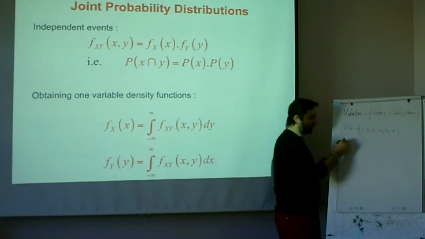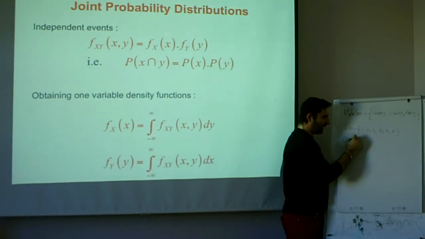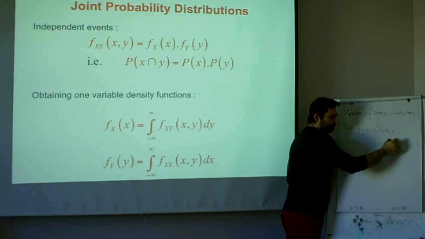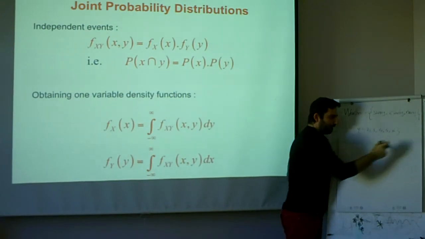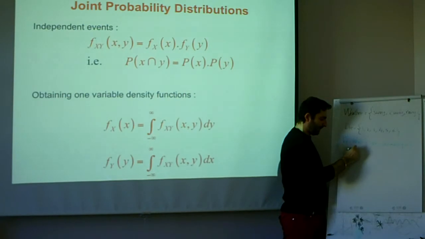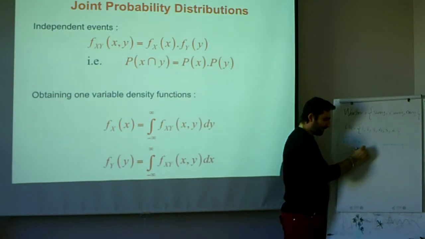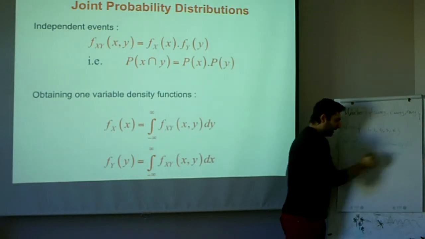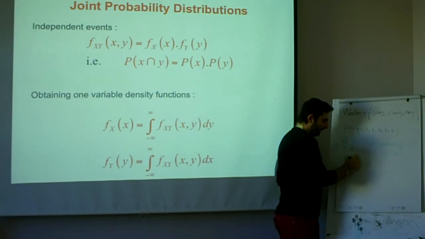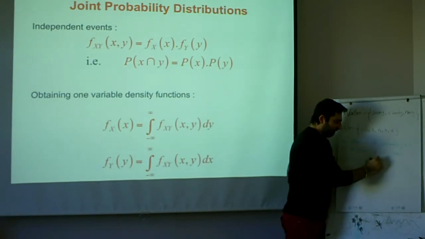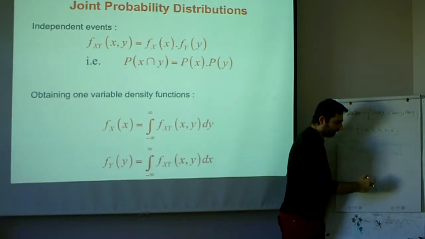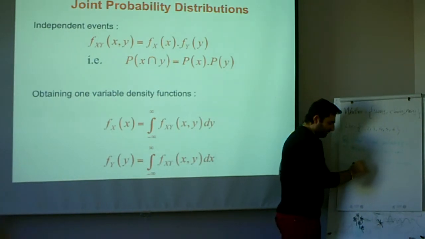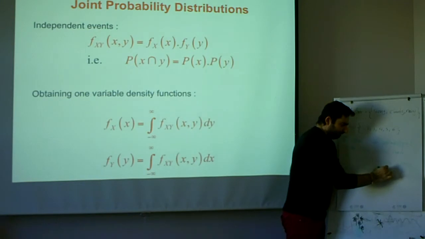And the question is this: what is the probability of rolling a die and getting a prime number when the weather is raining?